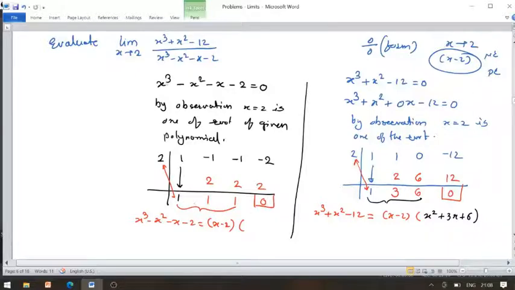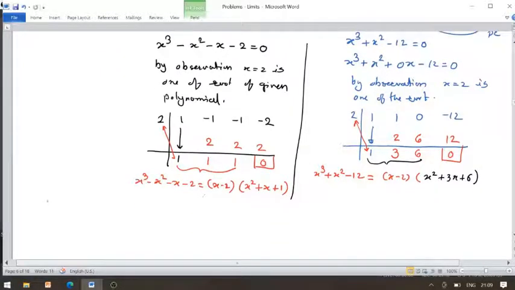So x cube means we will get 1 be the coefficient of x square, next one be the coefficient of x and last one be the constant. So now once we have the factors for both numerator and denominator, try to replace them, and ultimately we get, so assume that L be the given limit as x tends to 2.